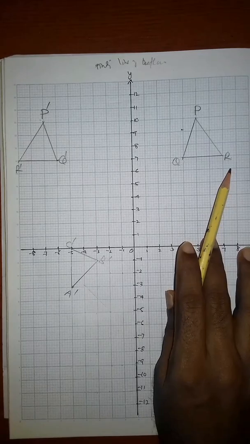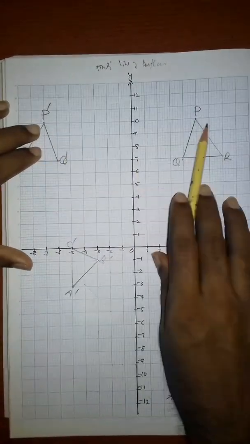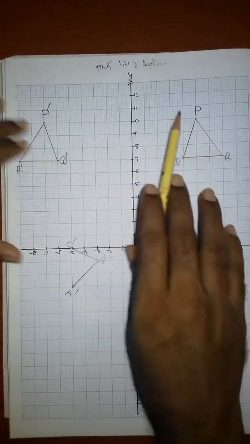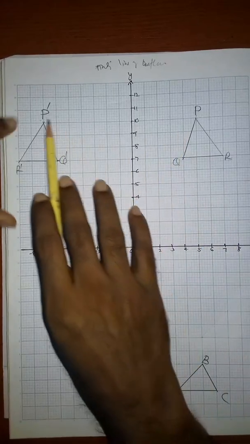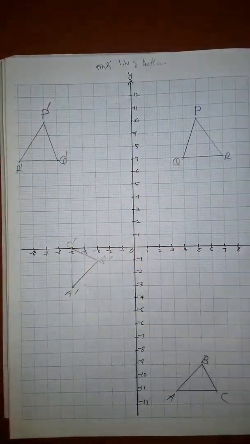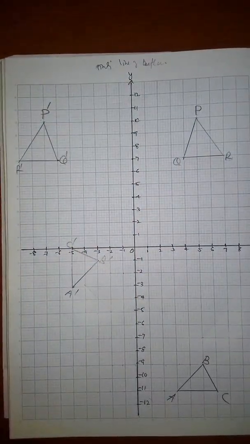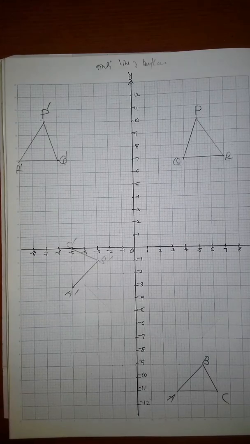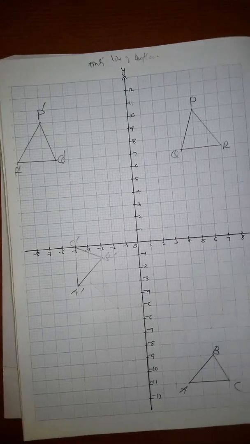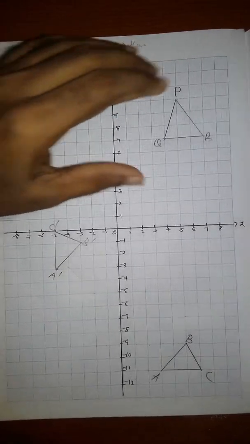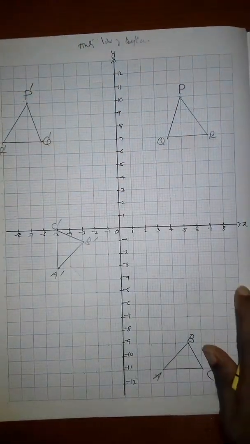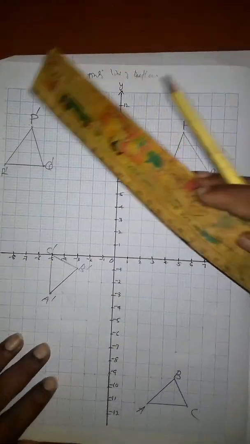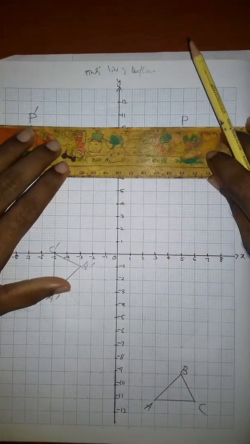First of all, I will take these two points, object and image points P and P dash. I join them with a straight line. Join them with a straight line in the first place.